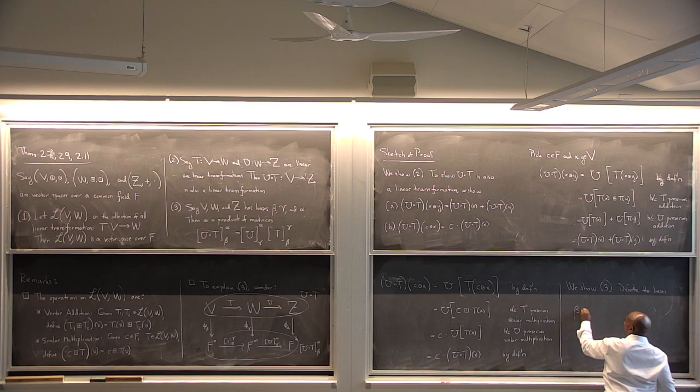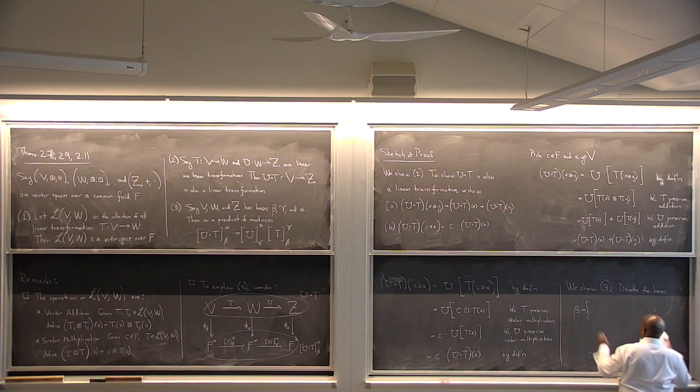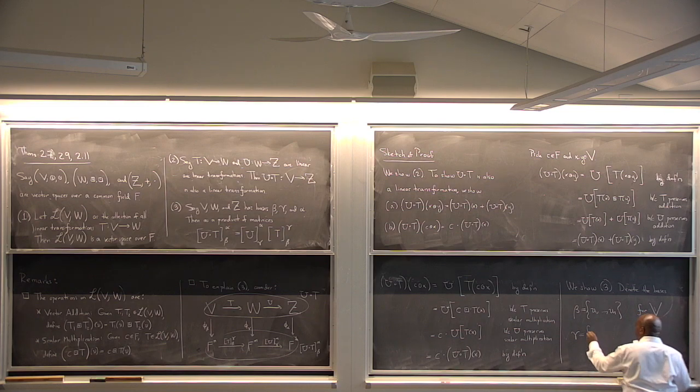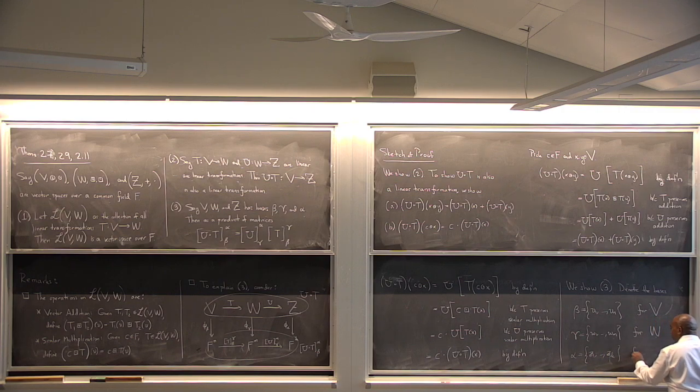Beta we'll write here in terms of v1 through vn, and this is for V. Gamma we'll write here in terms of w1 through wm for capital W. And then finally, alpha we'll write here as z1 through zk for capital Z. The notes actually have this as P, but I realized that I screwed up the notation over there, so I won't make it more confusing.